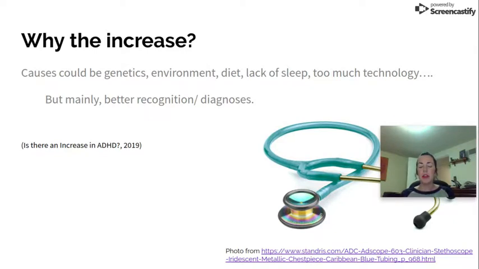ADHD is rather common, and so people aren't so afraid of getting their children tested for it and actually having them get help, because there is a lot of research surrounding disorders like this and the benefits that come from actually having people intervene and helping out.